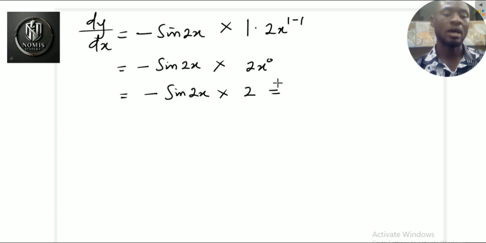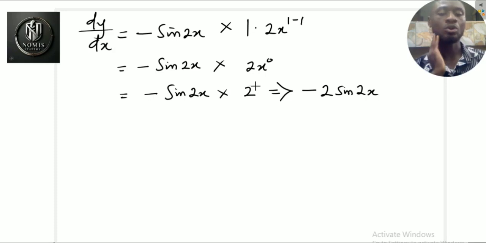And the final answer is minus 2 sine 2x. So you can see how we multiplied this 2 times 1 by this to have this minus 2 sine 2x. Now this is our answer to this question.